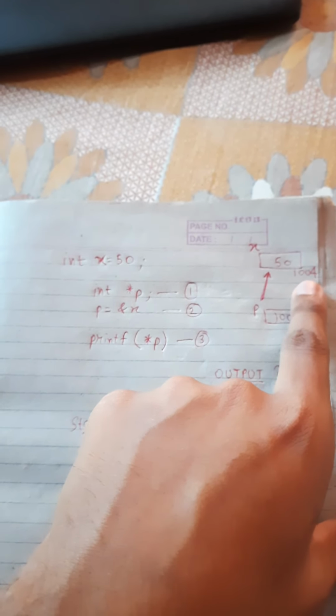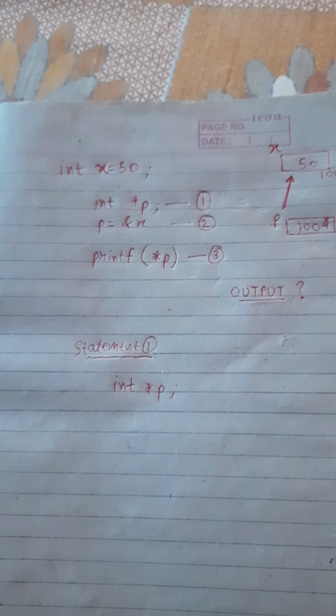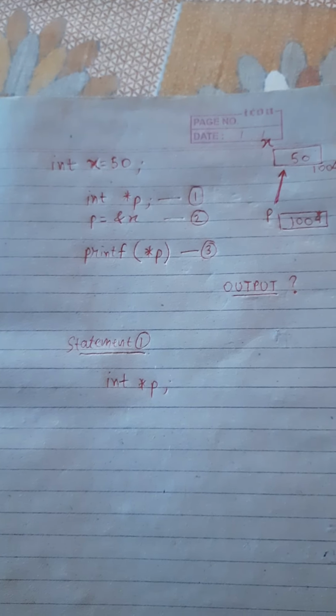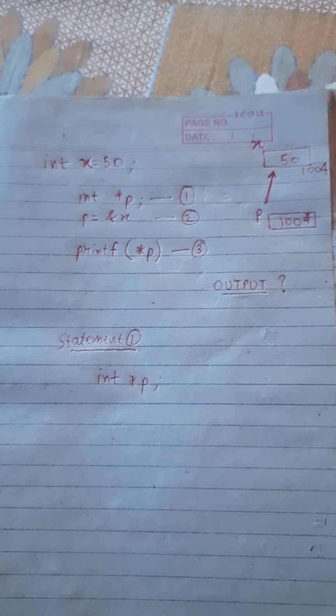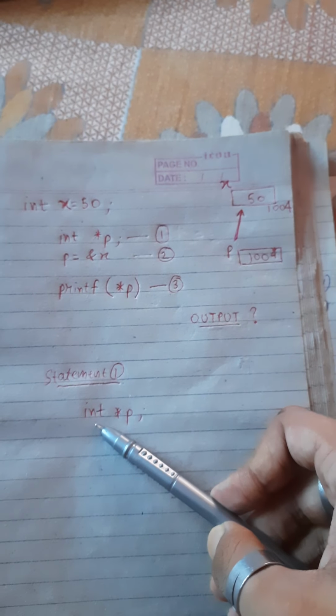So in this case, for this box with 50, the address I have specified is 1004. Whenever we specify a star before any variable name, that indicates to the compiler that it is a pointer variable.